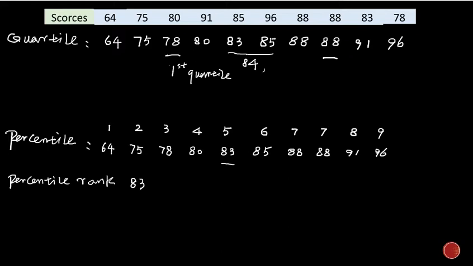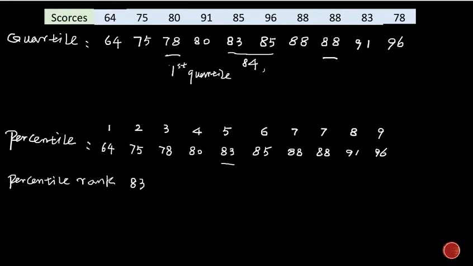From the definition, percentile rank is the percentage of the scores that fall below or at this value, but usually we just say the percentage of the data that fall below this value.